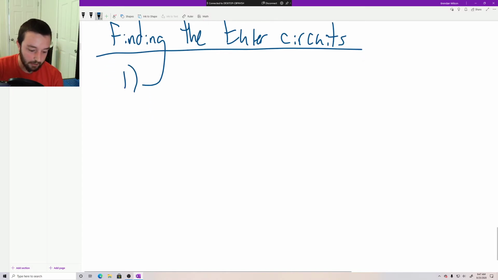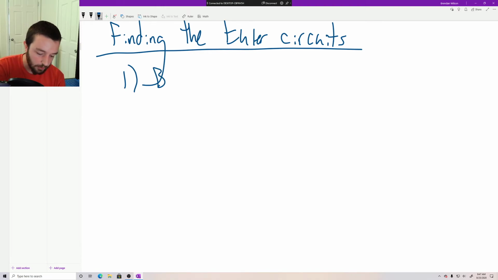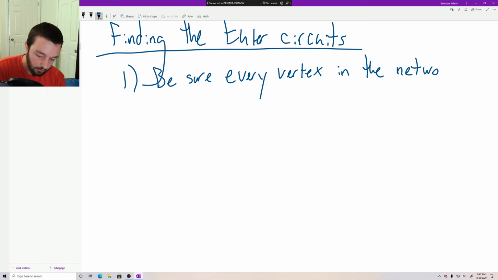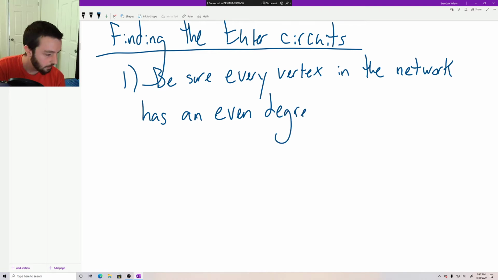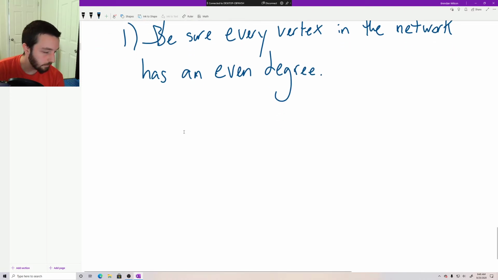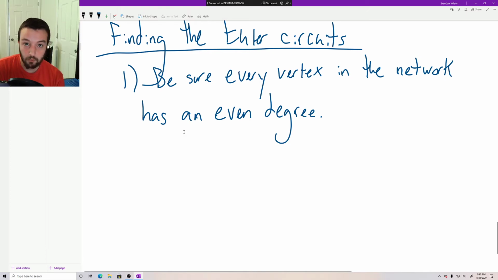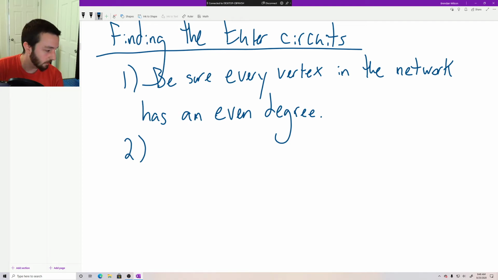One, confirm theorem one, which is be sure every vertex in the network has an even degree. Confirm theorem one holds true, and that we should even bother pressing forward.